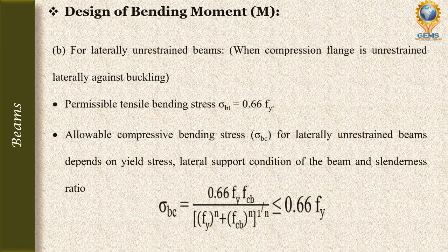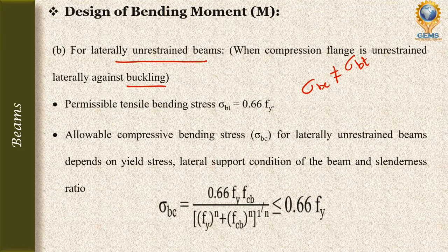The second one is for laterally unrestrained beams. Laterally unrestrained beams means the compression flange is not restrained against buckling. So due to buckling, it will move in some lateral directions. In that case, sigma bc is not equal to sigma bt.